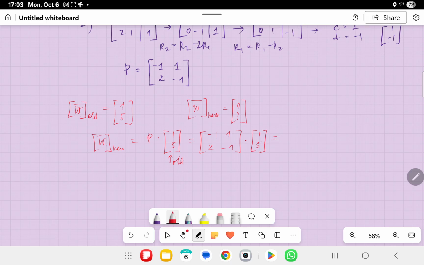I'm just going to do multiplication and get my answer. So 1 by minus 1 is minus 1, 1 by 5 is plus 5, and 1 by 2 is 2, minus 5. So what I'm getting is 4, and here minus 3. So these are my new coordinates.